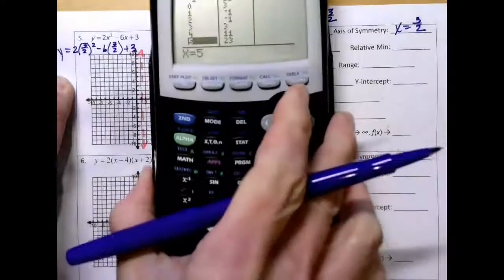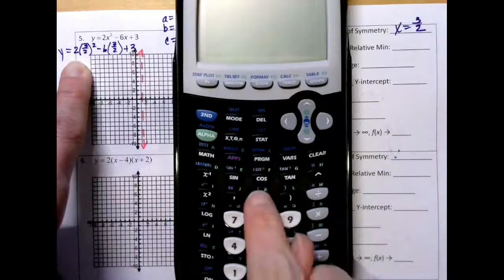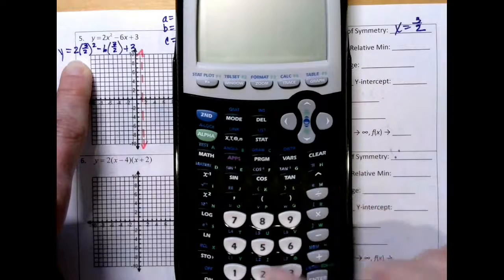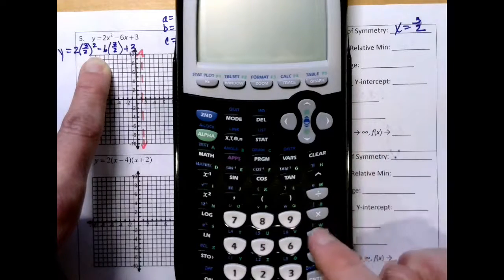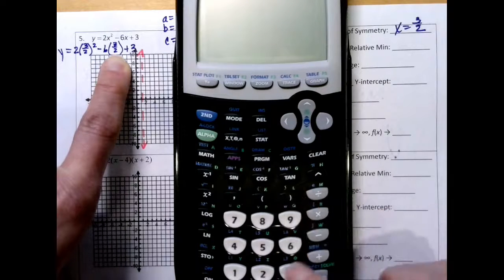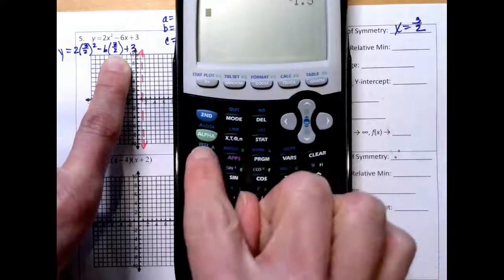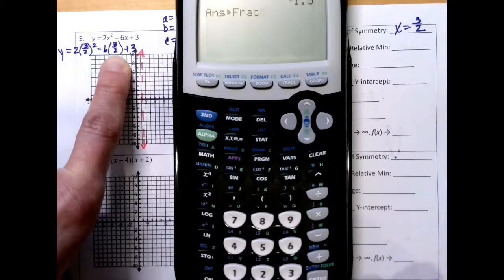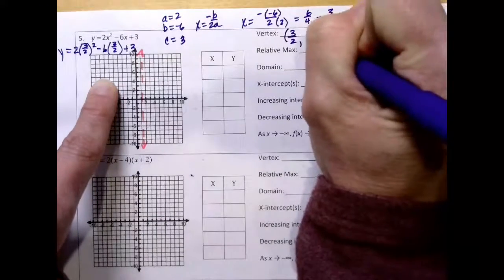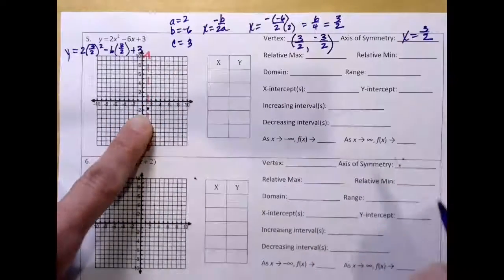And I can go to my graphing calculator and I can go to my home screen and I can type in what I see. 2 times 3 divided by 2 squared minus 6 times 3 divided by 2 plus 3, and I get negative 1.5. And if I want to put that into a fraction, math frac will do that for me. So negative 3/2. So positive 3/2 and negative 3/2 is going to be my vertex.